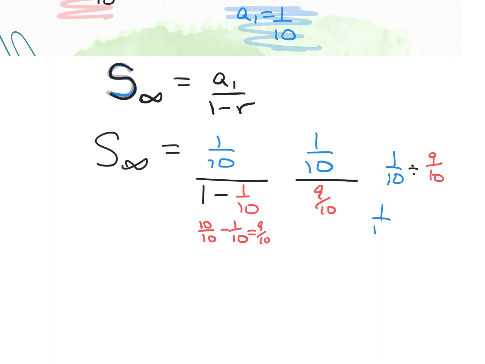So 1/10, flip it upside down. This will simplify diagonally. And then my final sum is 1/9. So that is it for the notes on section 11.3, the last section of the year.